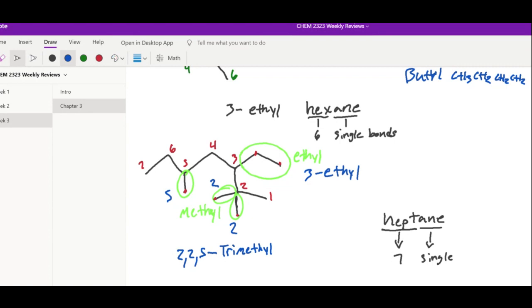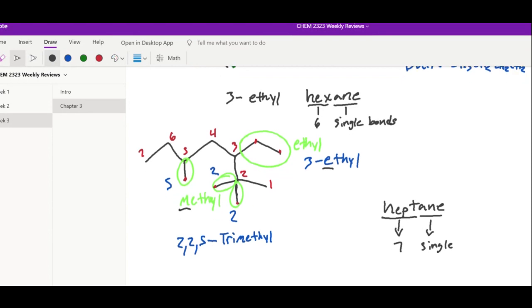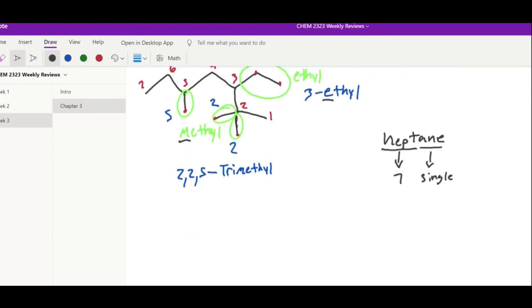So we have to look at the M and the E. Obviously E comes before M, so that's why the full name of this compound is going to be 3-ethyl-2,2,5-trimethylheptane.